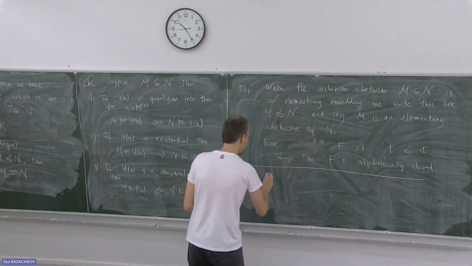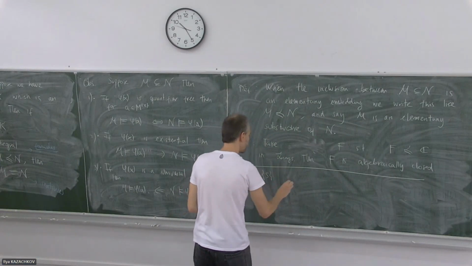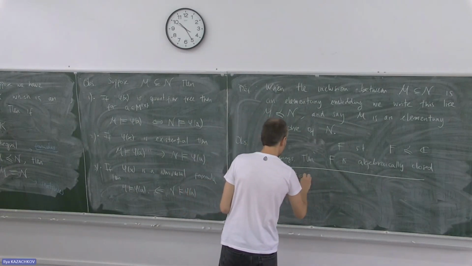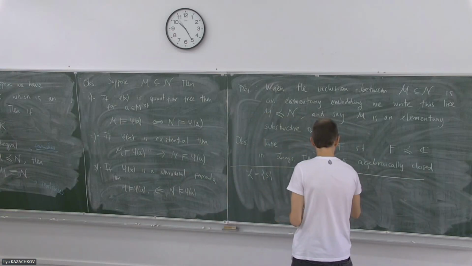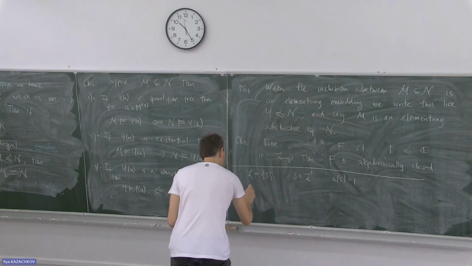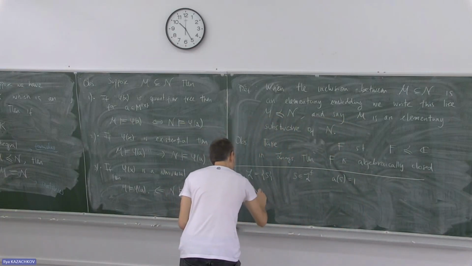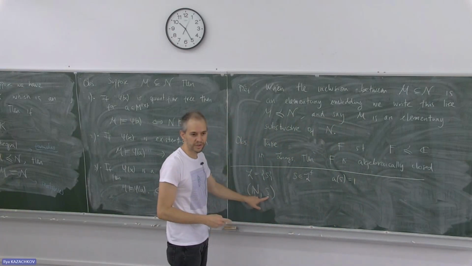The language is here just one function symbol of arity 1. And I take the following structure. I take N, and the interpretation of this structure is the successor, right?